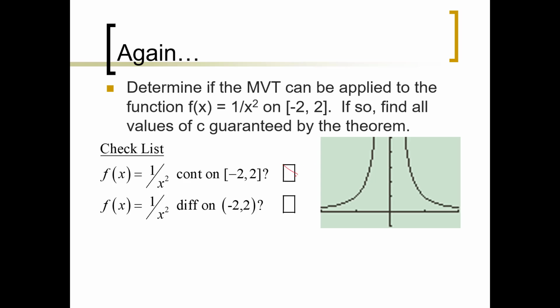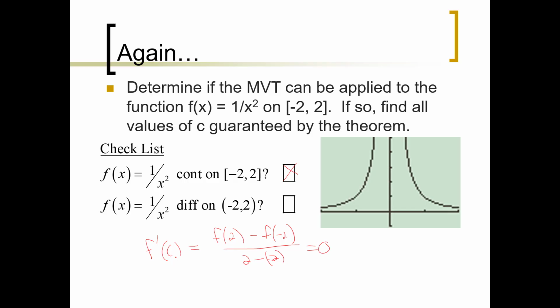And unfortunately, nope, that's not true. So then we're not guaranteed there is a value so that f prime of c is equal to (f(2) minus f(-2)) all over 2 minus -2. And in fact, that would actually equal 0.